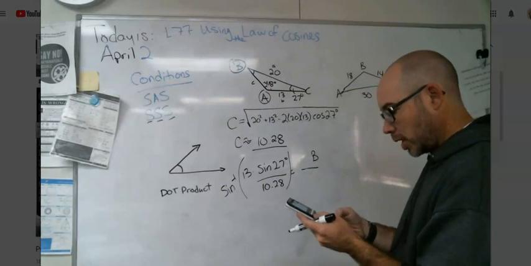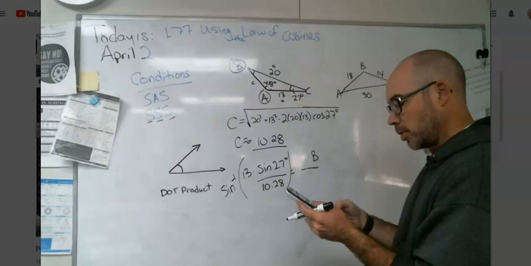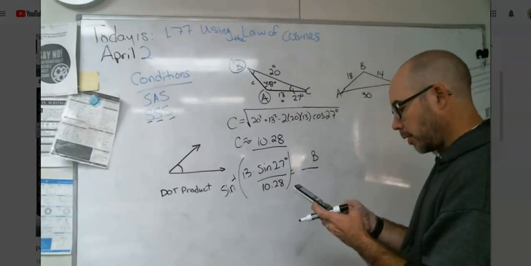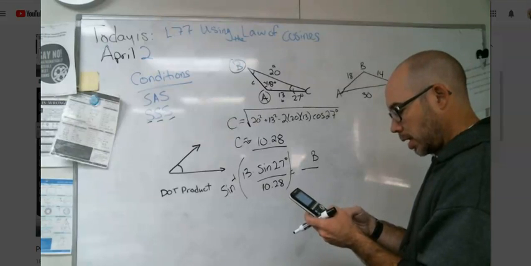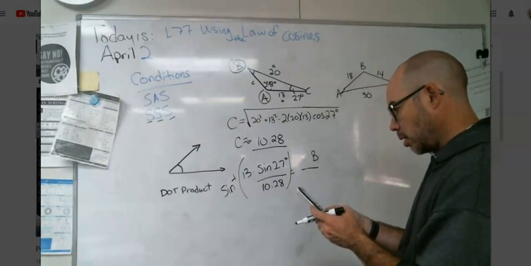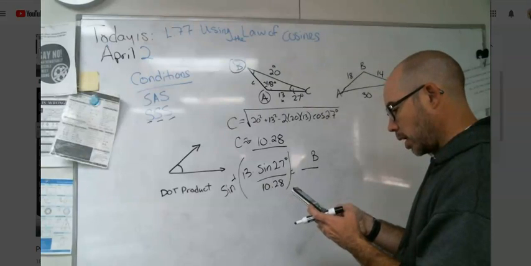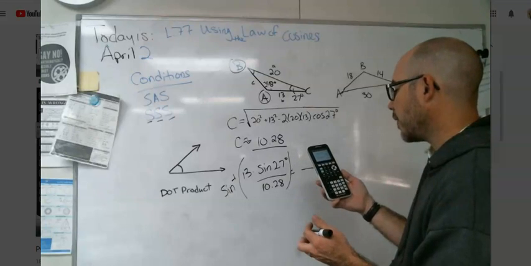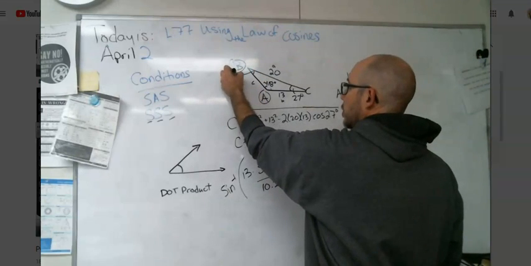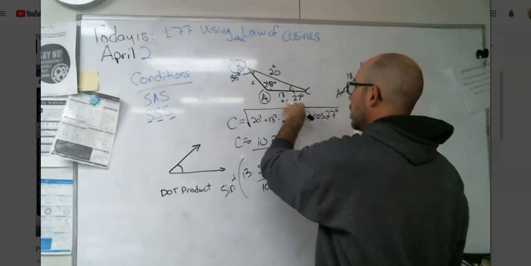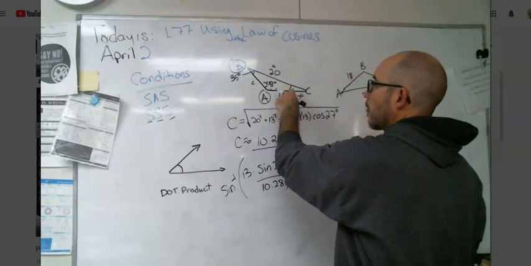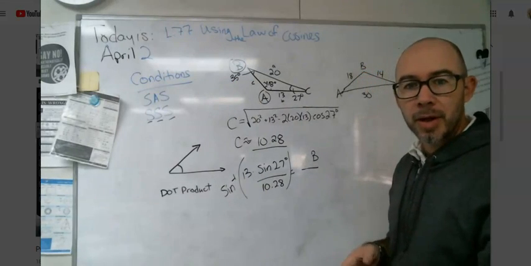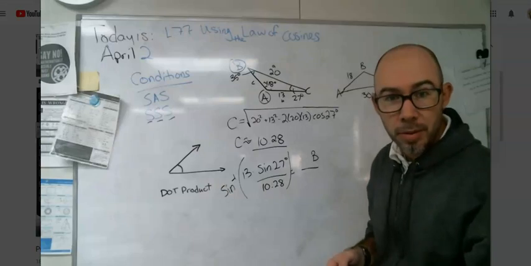Now this one will only give me one answer, and it'll give me this small one, which I would be looking for. So inverse sine of 13 times the sine of 27 over 10.28 in parentheses tells me that that angle is about 35. And let's see if that jives with what we've got here already. 27, 118, and 35 should all add up to 180, and they do.